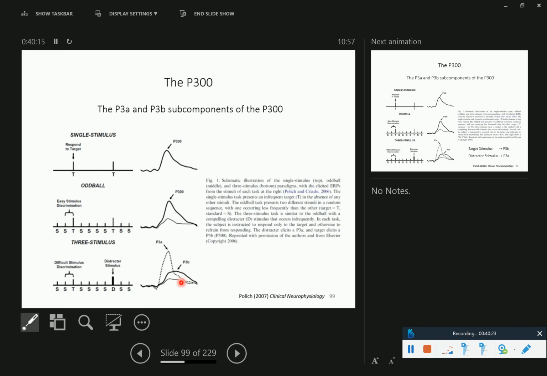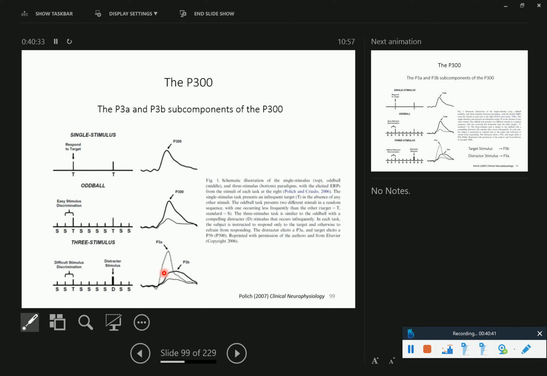The important thing is that for the distractor stimulus, you get this early thing, and that the P3B is more related to the actual button press. Yeah? So that's kind of the general logic. It also makes some kind of sense if you think of it from a cognitive perspective.